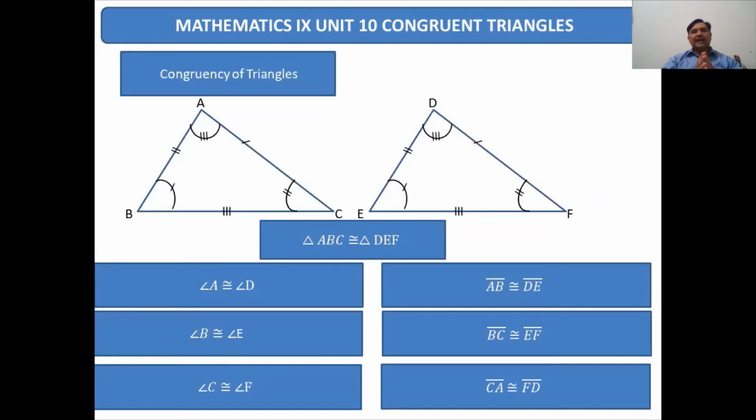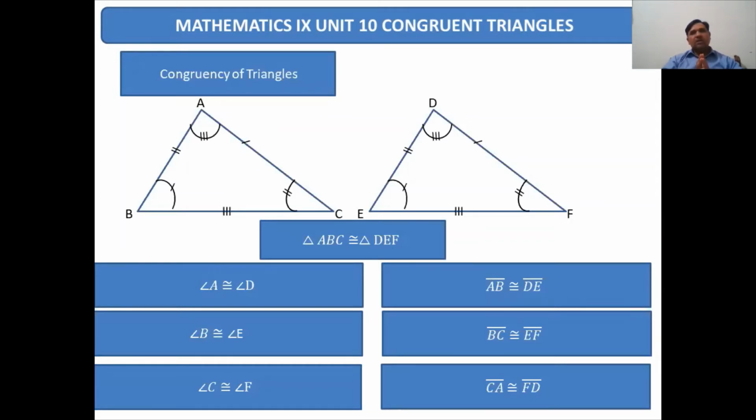So two triangles are congruent if they have 6 points equivalent, that is, the three angles of one triangle are congruent with the three angles of other triangle, and three sides of one triangle are equivalent to the three sides of other triangle.